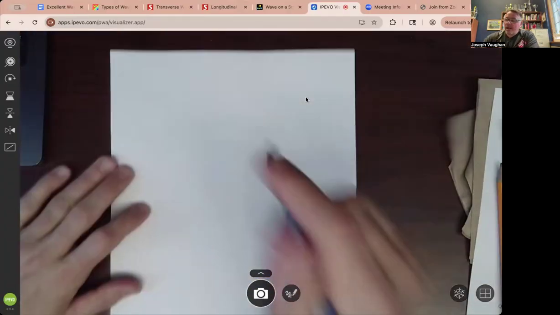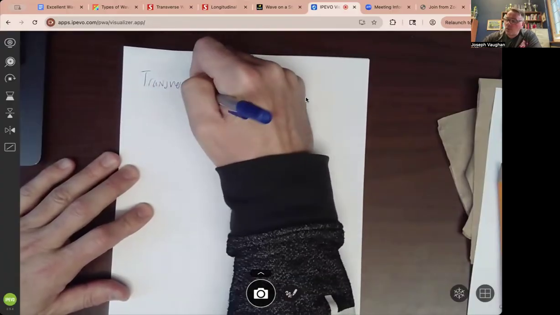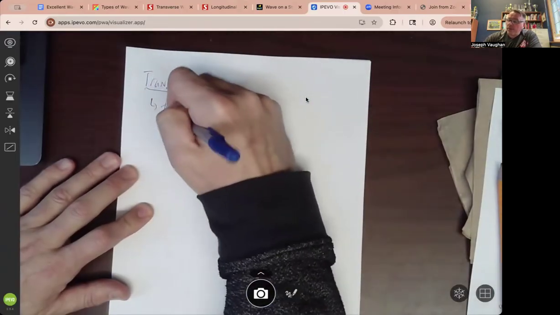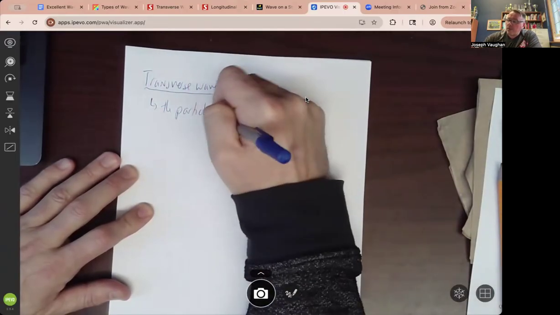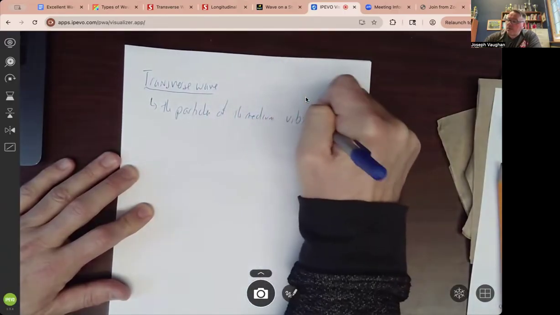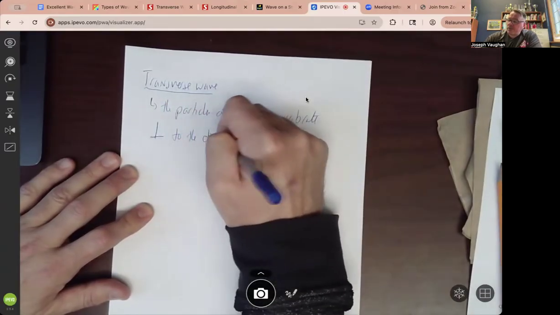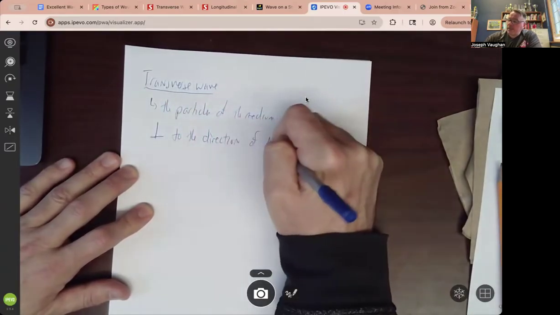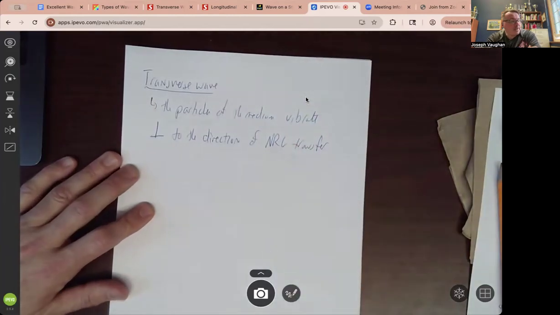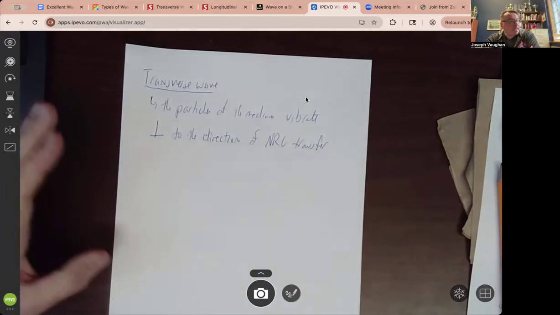So here we're going to have something that's known as a transverse wave. And here, the particles of the medium vibrate perpendicularly to the direction of energy transfer. Okay, so that's what's true about a transverse wave: the particles vibrate perpendicular to the direction of propagation.